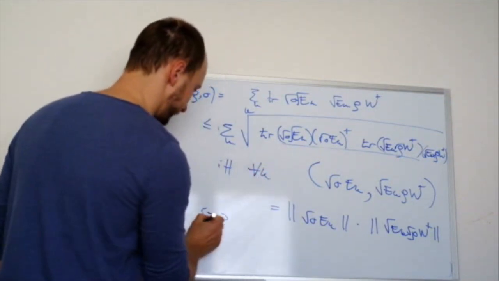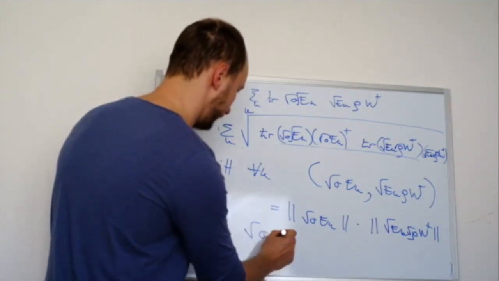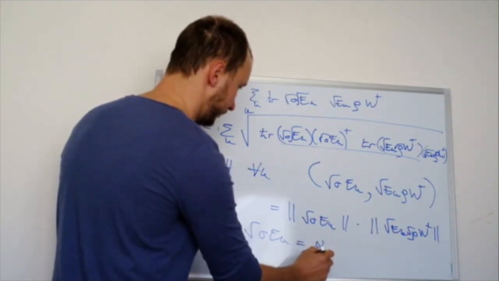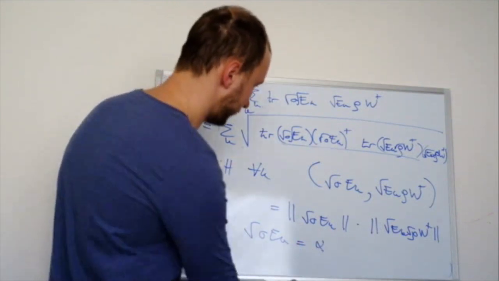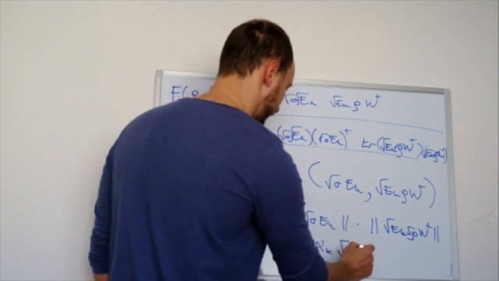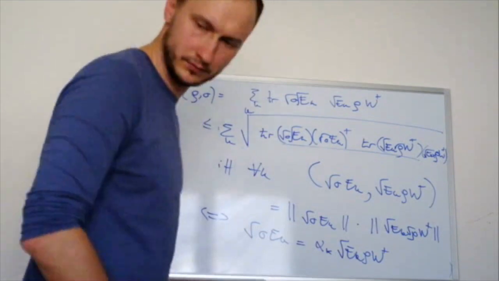So this is equivalent to them being proportional, meaning that sigma E_K has to be equal to some number alpha_K times square root of E_K times the other one.